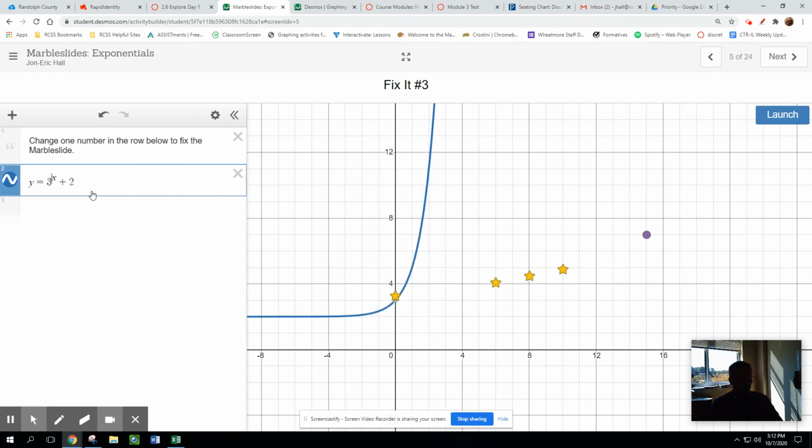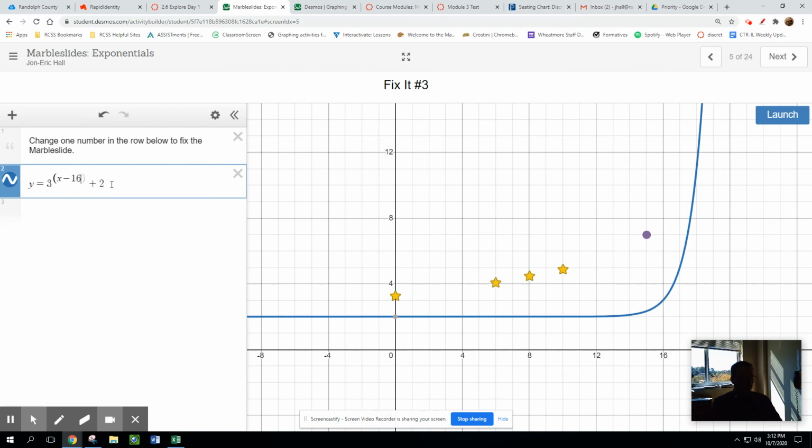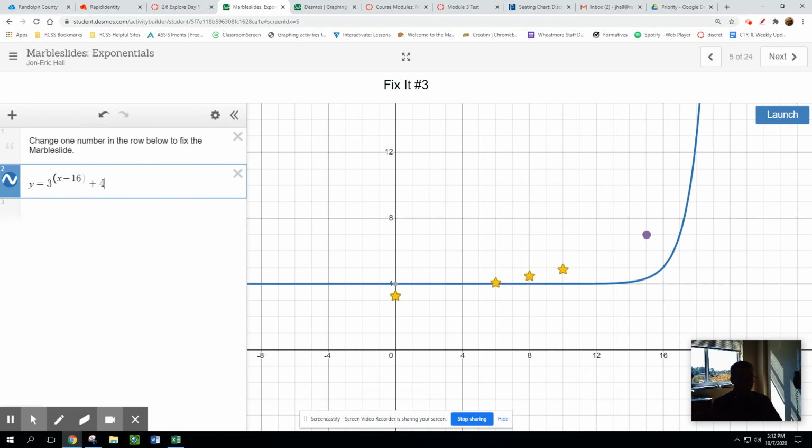Let me work up here. So why don't I shift this over to that 16 and then shift it up to 4. I feel like I'm cheating because it only says one number, but I want to get it.